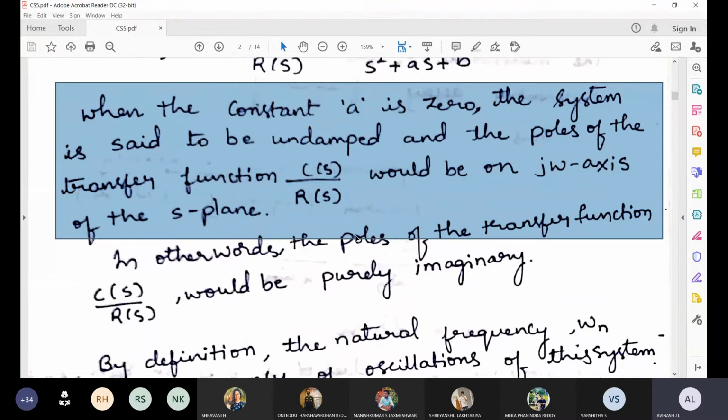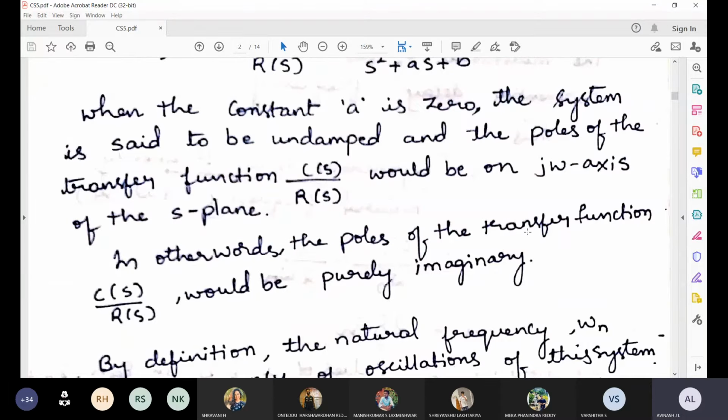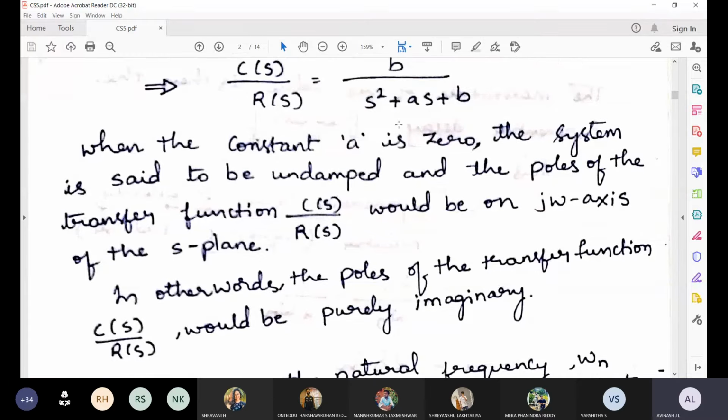So in other words, we can say that the poles of the transfer function C of s divided by R of s would be purely imaginary. As I told you, s square plus b will be equal to 0. Poles mean the roots of the denominator of any transfer function, and the roots of the numerator will be considered as zeros.